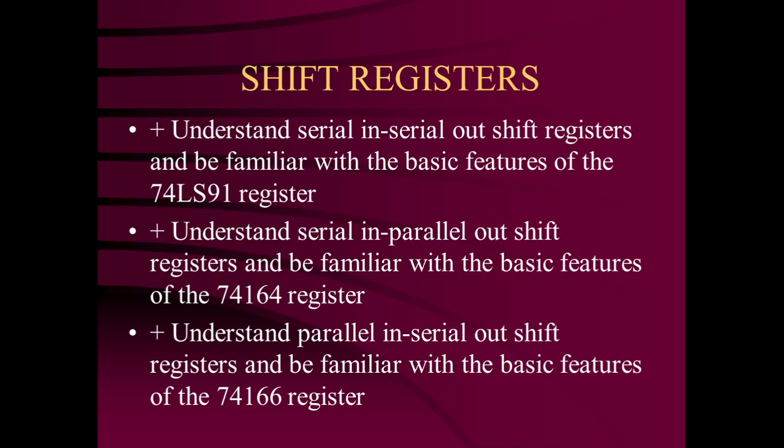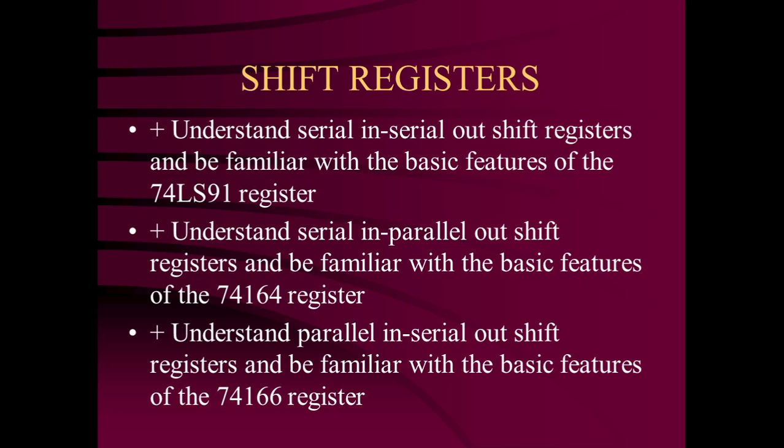The first one is a serial in serial out shift register, and the IC which is available in the market, produced by the manufacturer in the TTL logic family, is 74LS91. It is an 8-bit shift register. We are going to understand these features.